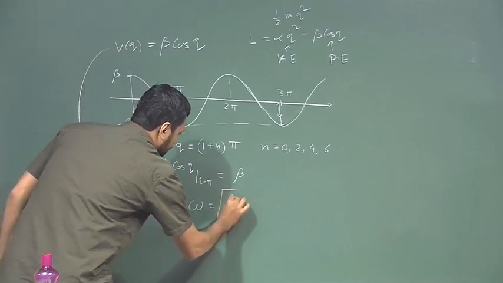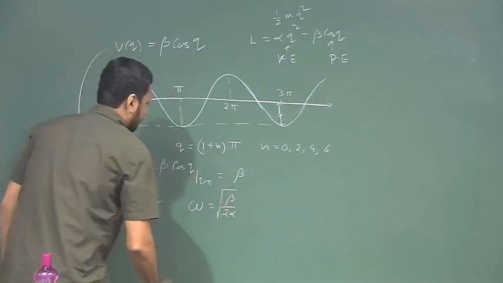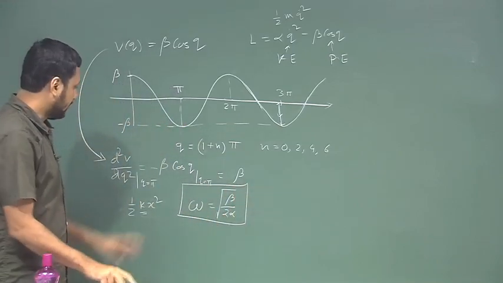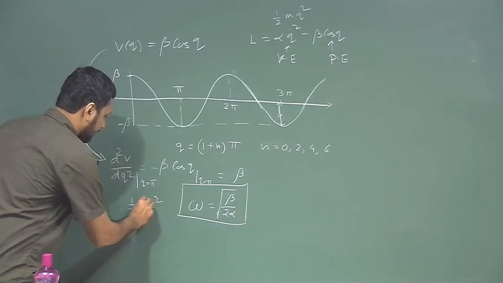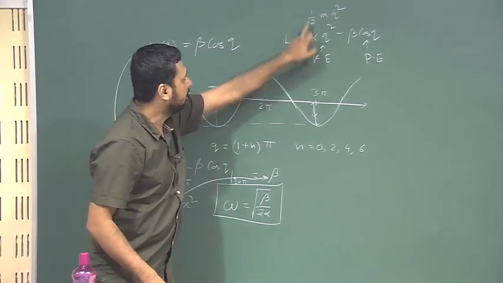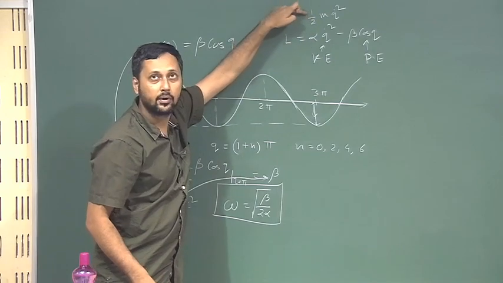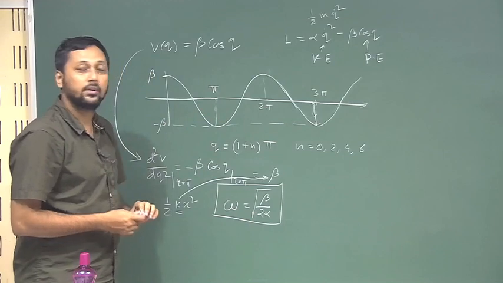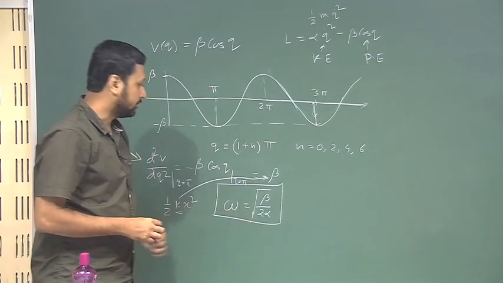So, it will be beta by 2 alpha, under the root. This is my answer. So, we found out k is equivalent to beta and alpha is equivalent to m by 2, or rather m is equivalent to twice alpha, and we found out the frequency.